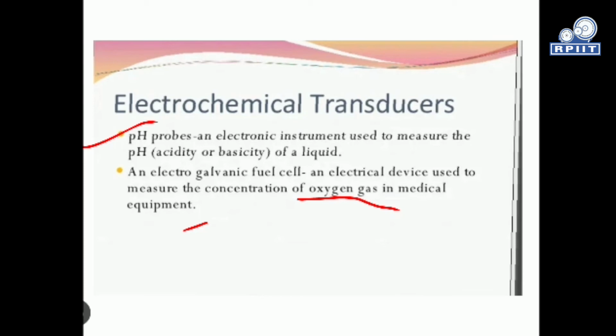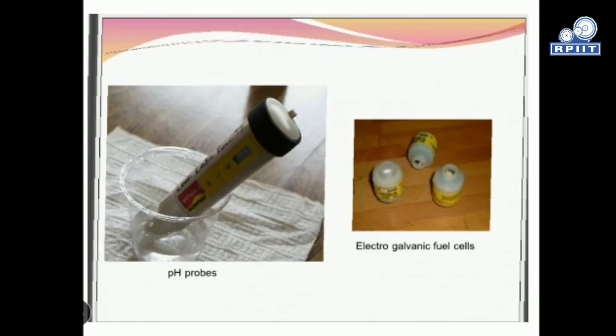So a pH probe will look like this, and it is used to measure the acidity and basicity of a liquid. And this is the electrogalvanic fuel cell, which is used for the concentration of oxygen.